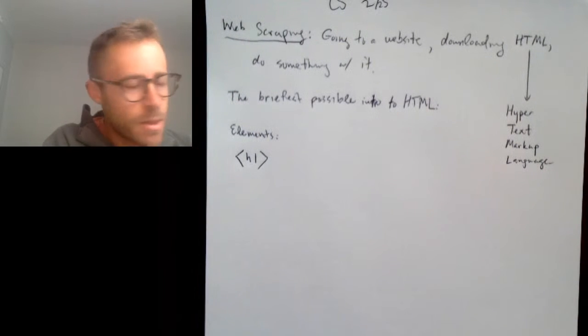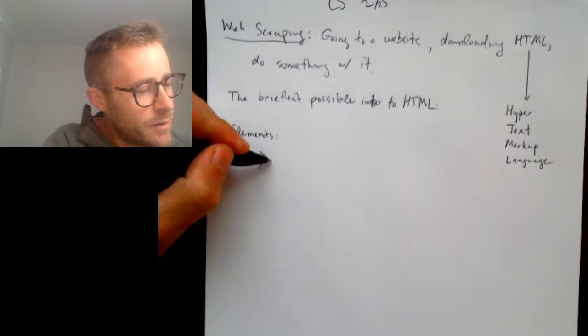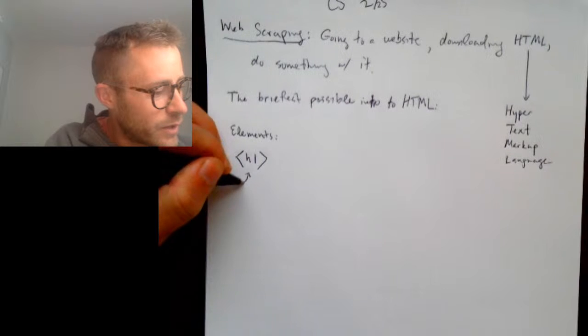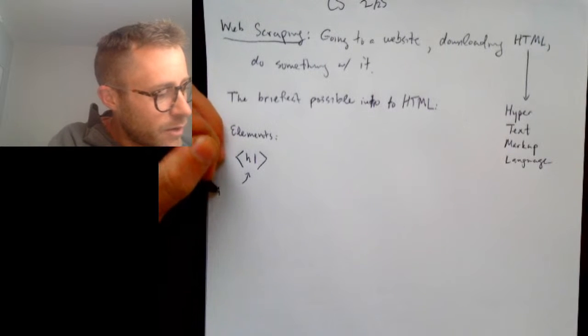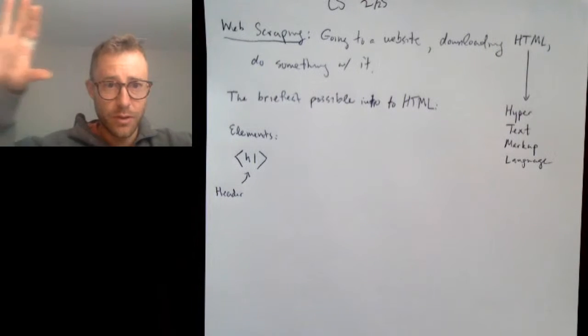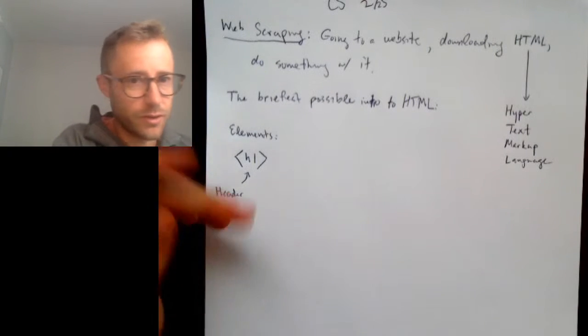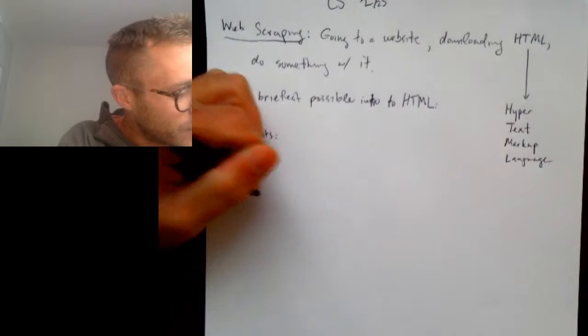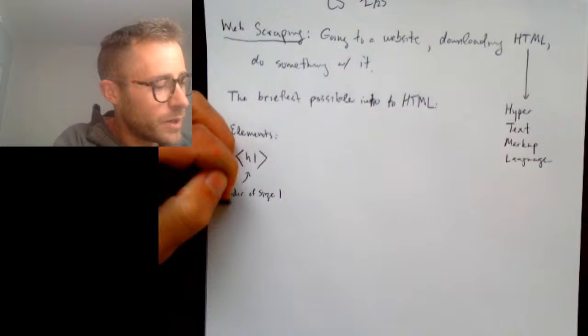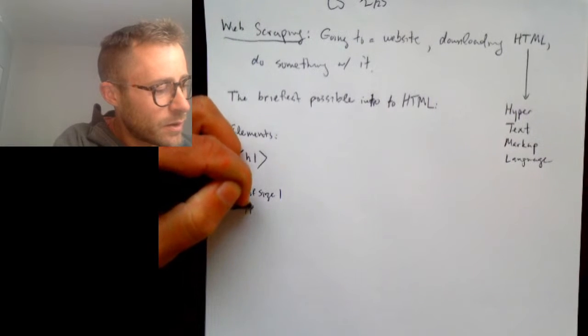Okay? And then you put some text. So H1 stands for header. So a header is like a title for a web page, essentially, of size 1. Okay, so that is the biggest header.